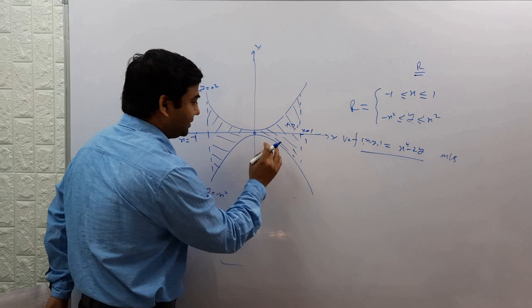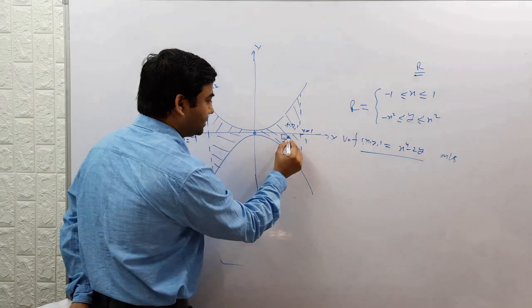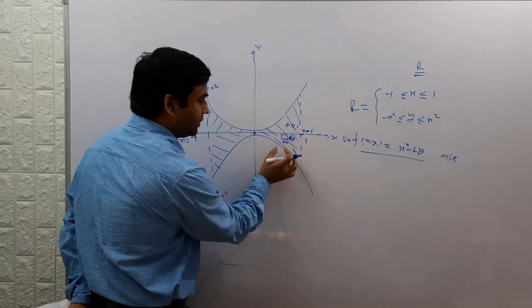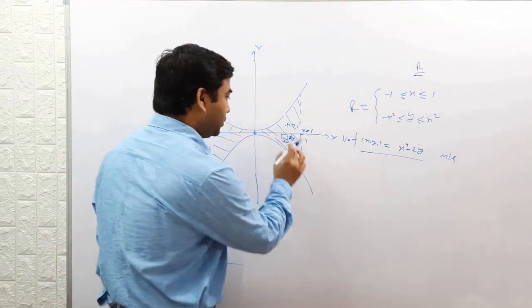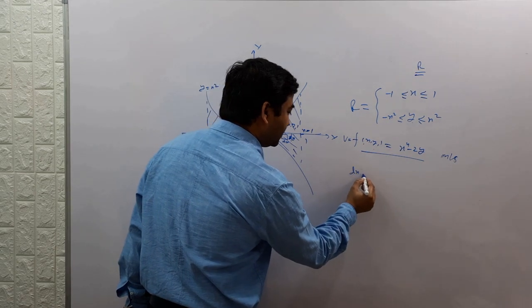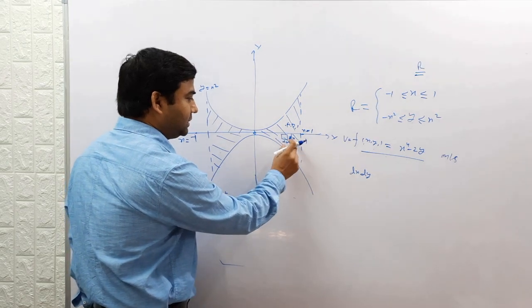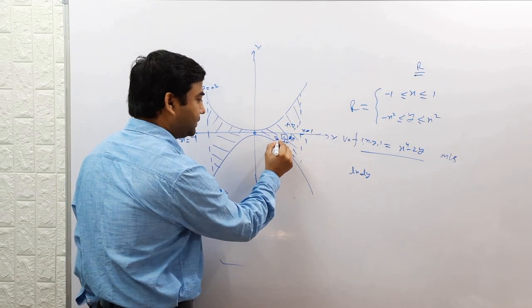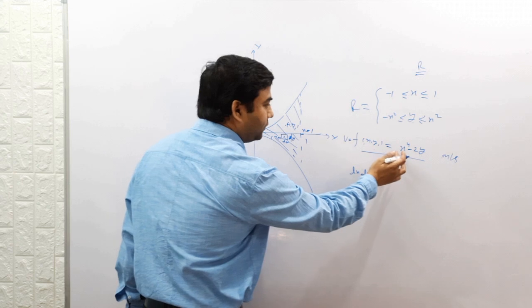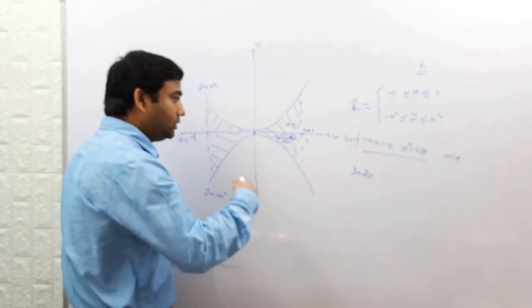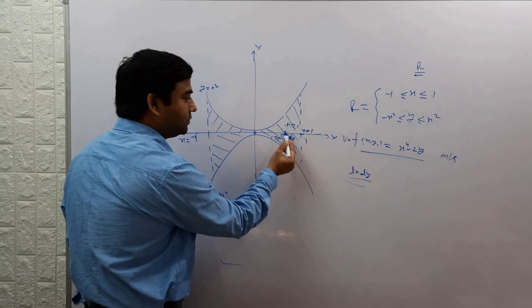So let us take a small element dx and dy, along the x-axis length dx, along the y-axis length dy. So the area of this small element is dx dy. Let the point at this area be x comma y. At this point x comma y, the velocity is this. Even though velocity is changing, we will assume that in the dx dy region, velocity is constant.